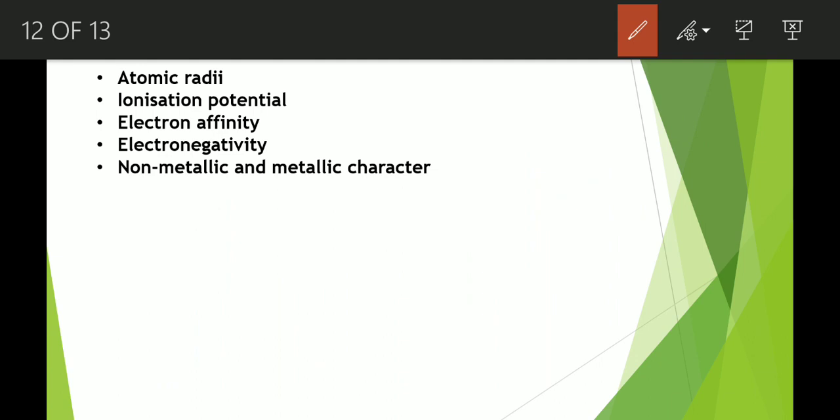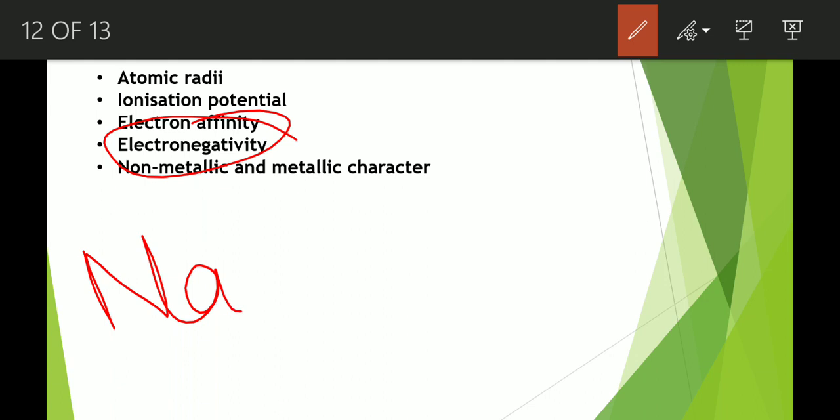Now next is electronegativity. What is electronegativity? Electronegativity is the tendency of an atom to attract electrons to itself when it is combined in a compound. Let's take two examples. One is NaCl, which I have already shown.